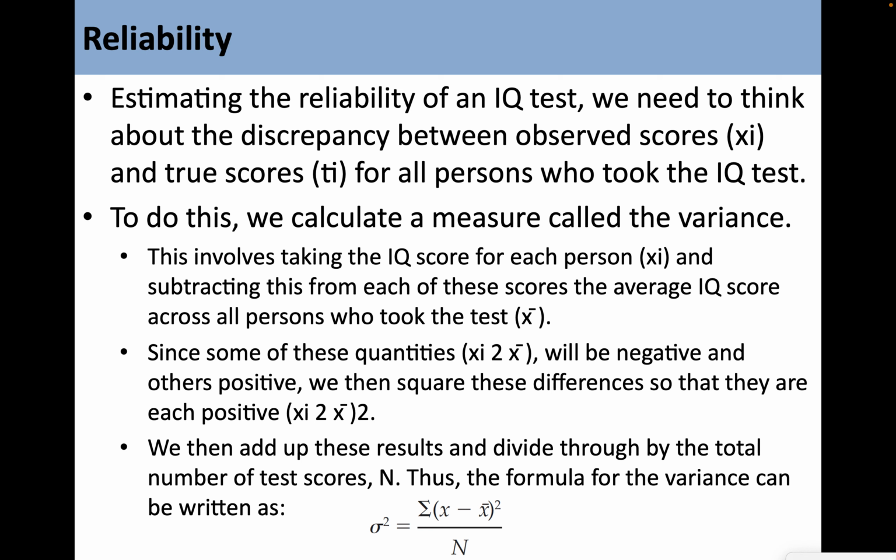Negative 15 times negative 15, and we get a positive score. We add all these up and we divide them by the number of scores. And if we had 10, now we're getting the variance. So the higher the variance, the more variable it is, the greater the difference between the average and the score, the higher the variance is going to be.